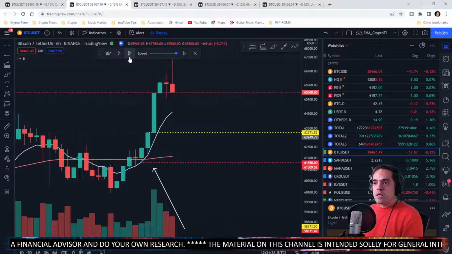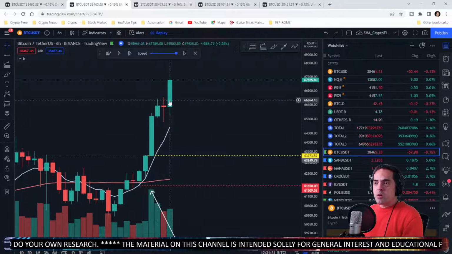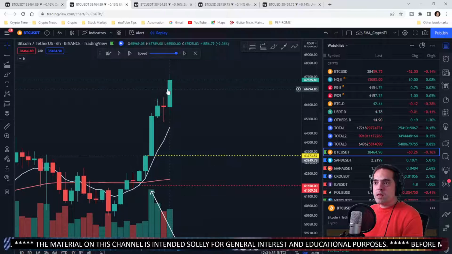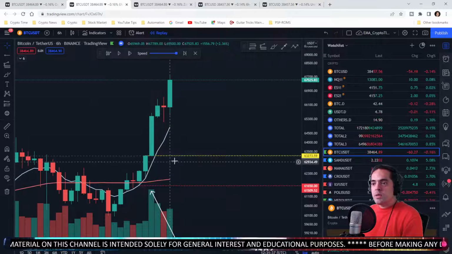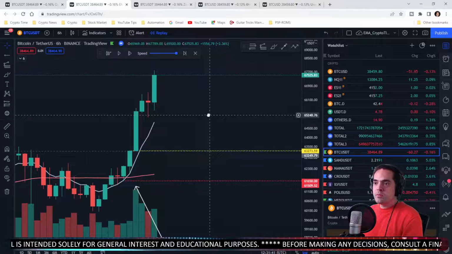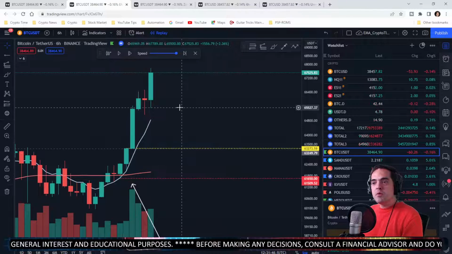So now you're seeing two more big green candles. Some people do what some people do in the market is they see a very big movement in the market.